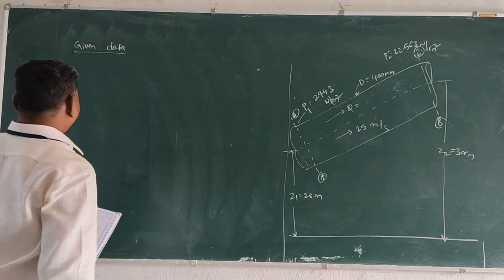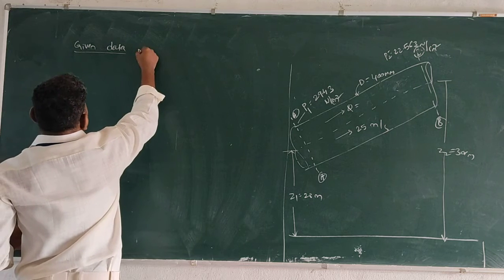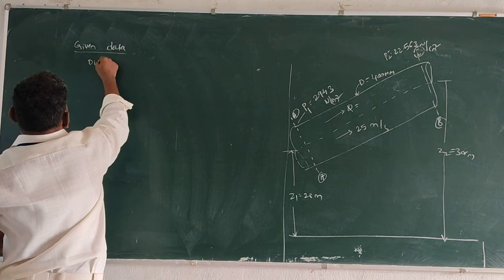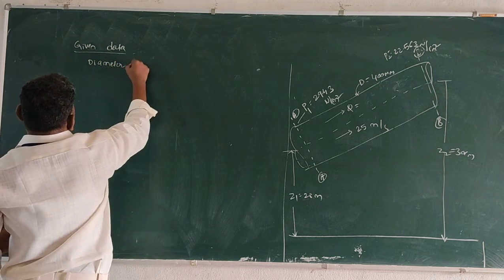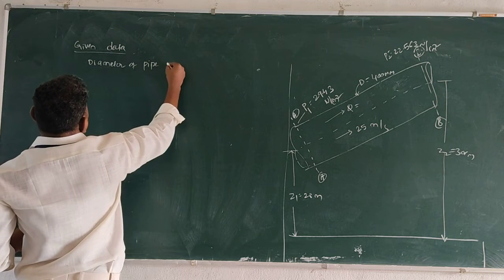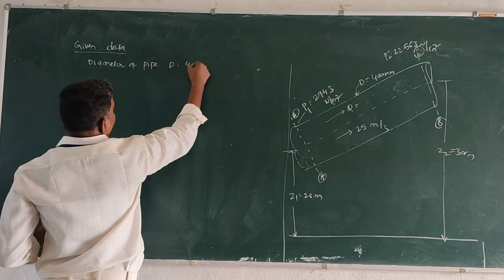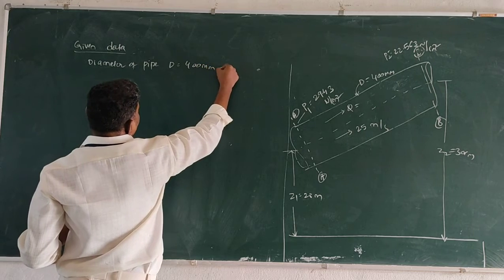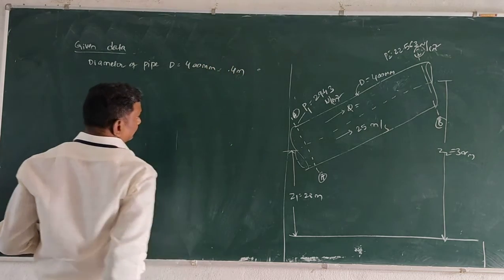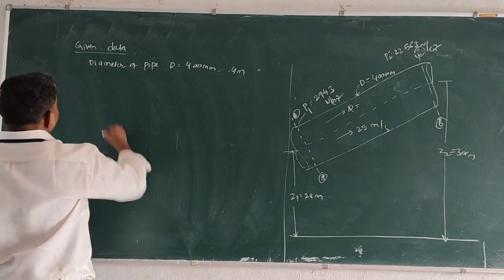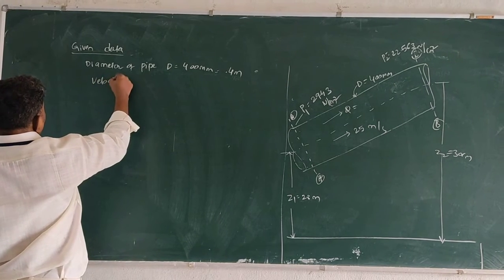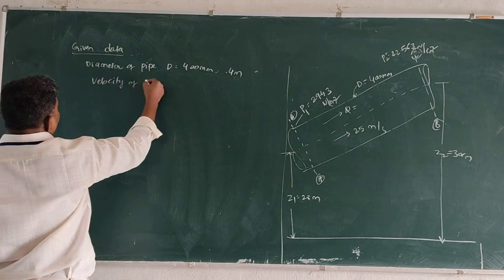Given data: diameter of pipe D is equal to 400 mm, that is equal to 0.4 meter. Next, velocity of flow.